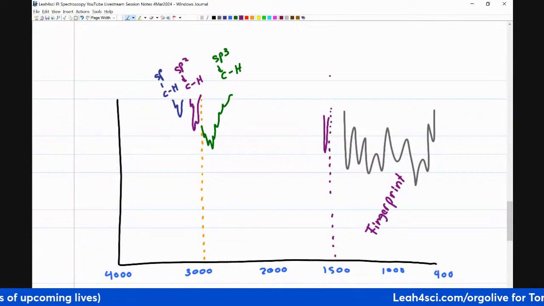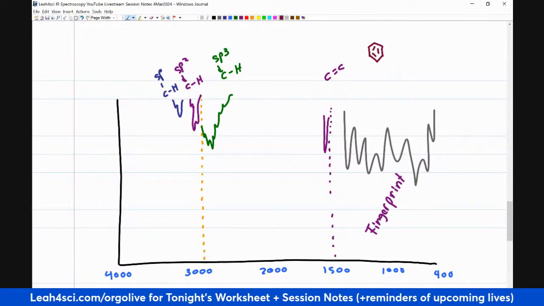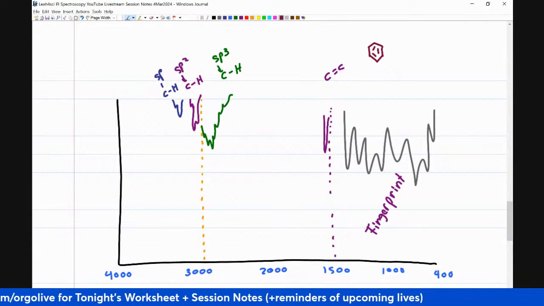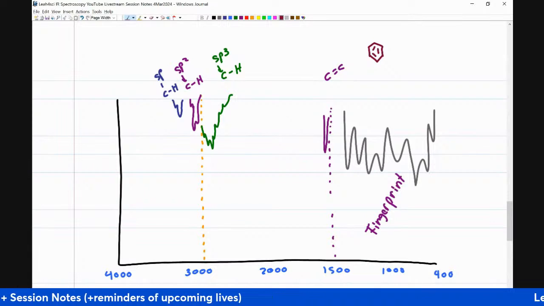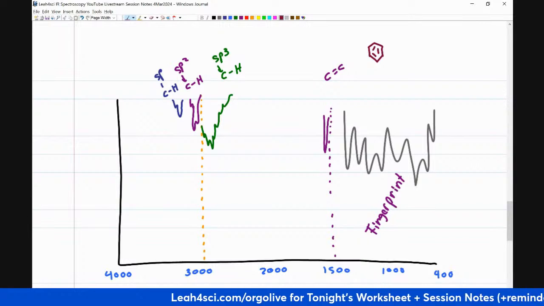So let's show it looking something like this. But, okay, so that's your C double bond C, but let me show you another one. If you have an aromatic ring, if you have benzene, technically that's carbon double bonded to carbon, but quite a few times, and the aromaticity is going to make it show up just differently enough, still around the 1600, but also somewhere around 1400.